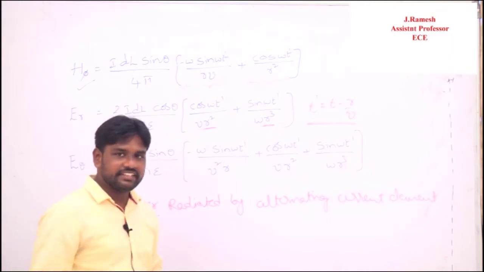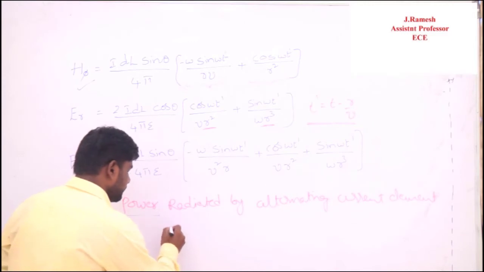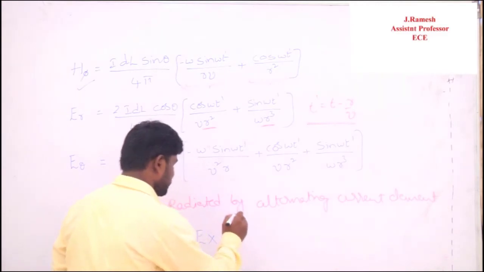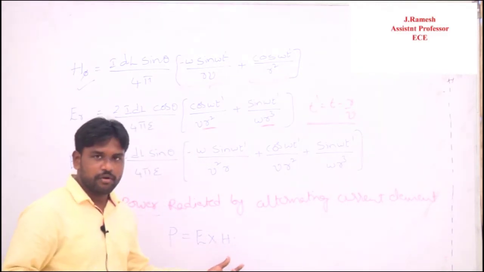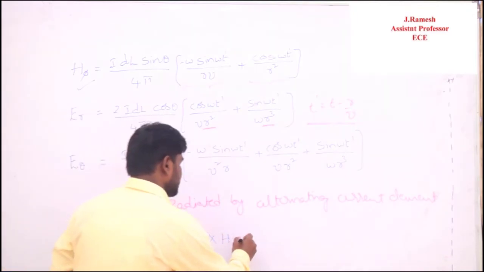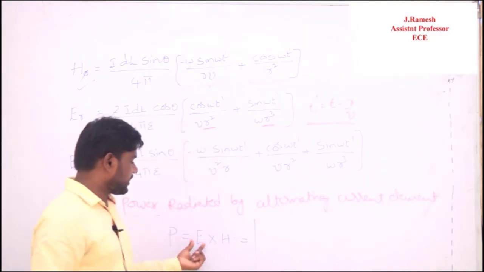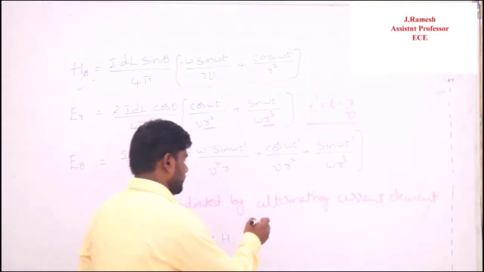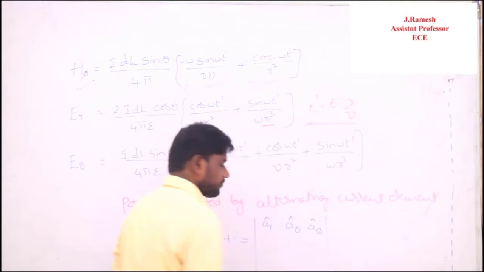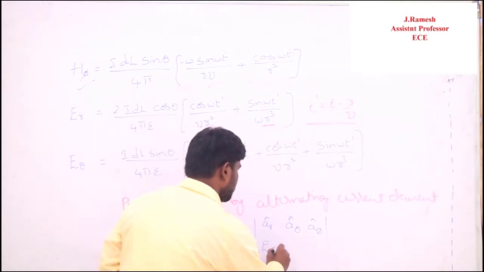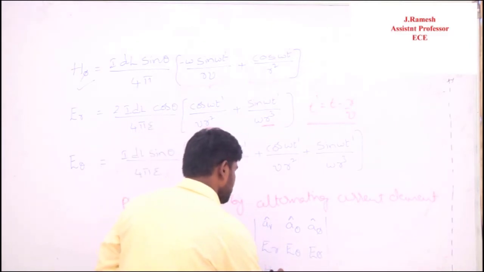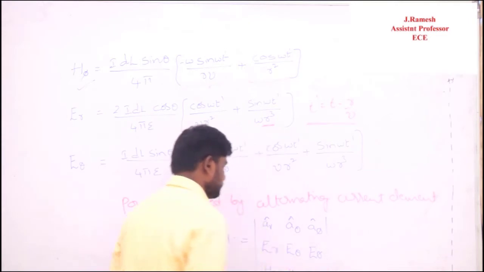We have the Poynting theorem. From the Poynting theorem definition, we get E cross H. E is the electric field, H is the magnetic field. Whenever we take the cross product, we can write the expression, and both are in r and theta components only. So now I am writing my expression: a_r cap, a_theta cap, a_phi cap, then E_r, E theta, E phi, and after that H_r, H theta, H phi.